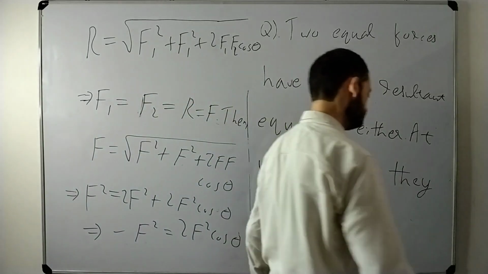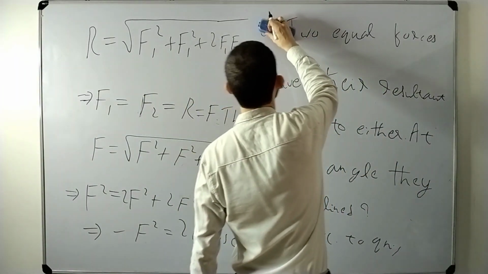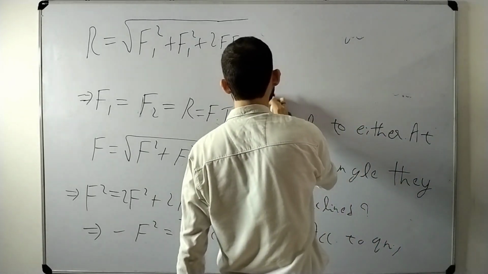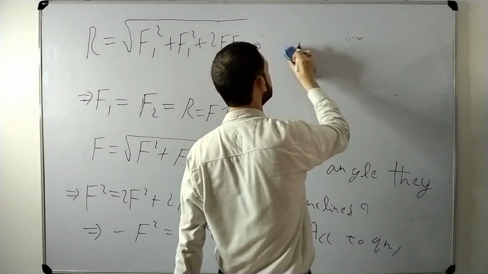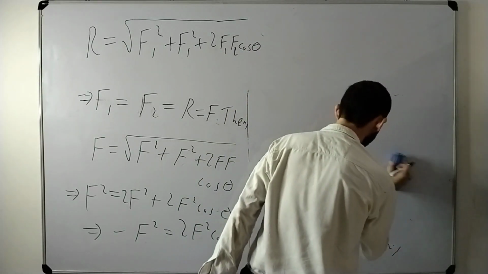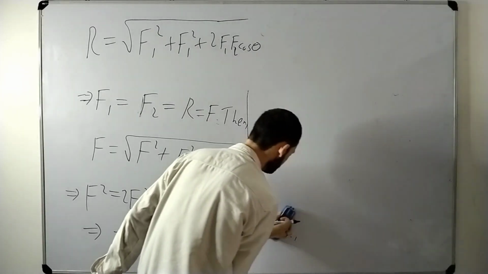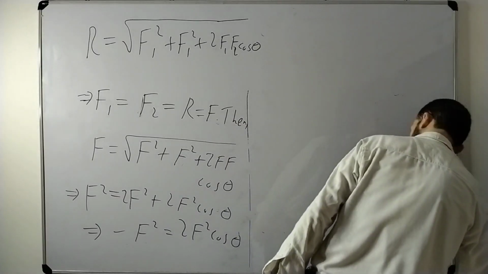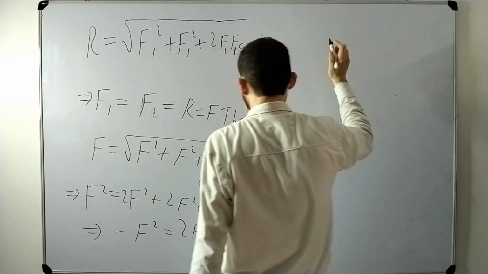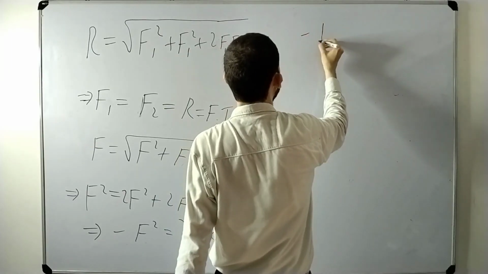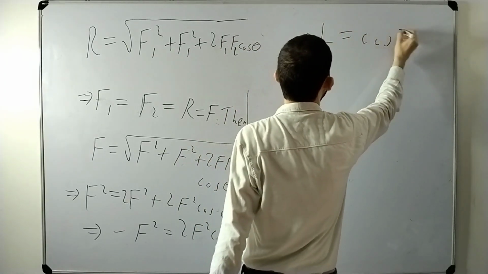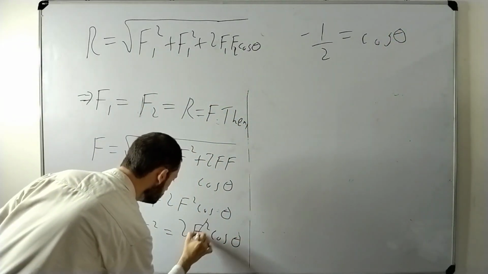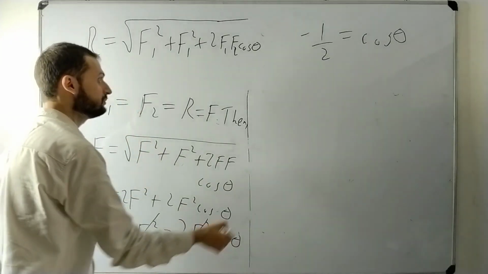Then cos theta value, you try to find out for now. So our answer is coming something weird. So let's see what your answer is coming. This becomes minus half, right student? F square and F square are being divided, so this becomes cos theta equals minus half.